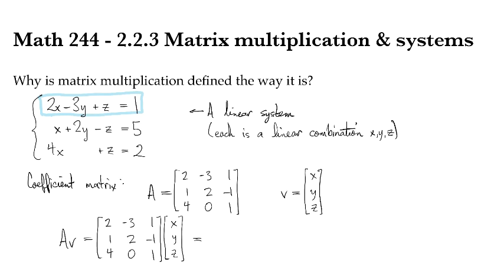And so when we do that matrix multiplication, what do we get? Well, across the top, we've got 2x minus 3y plus z.